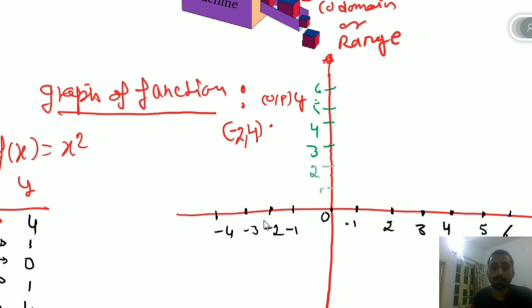Another point: when we put minus 1 we get the point minus 1 comma 1. Another similar point is 1 comma 1, and another is 2 comma 4. If we connect these points we get the graph of the function.